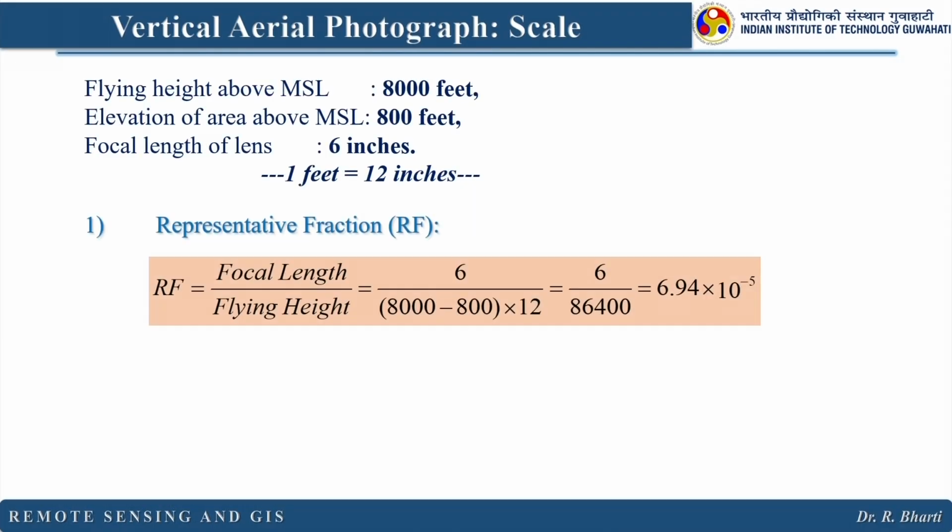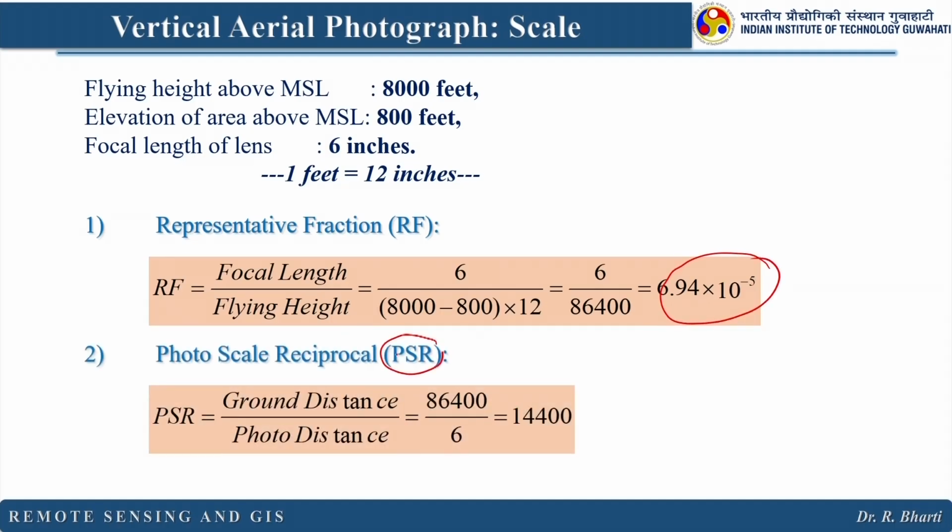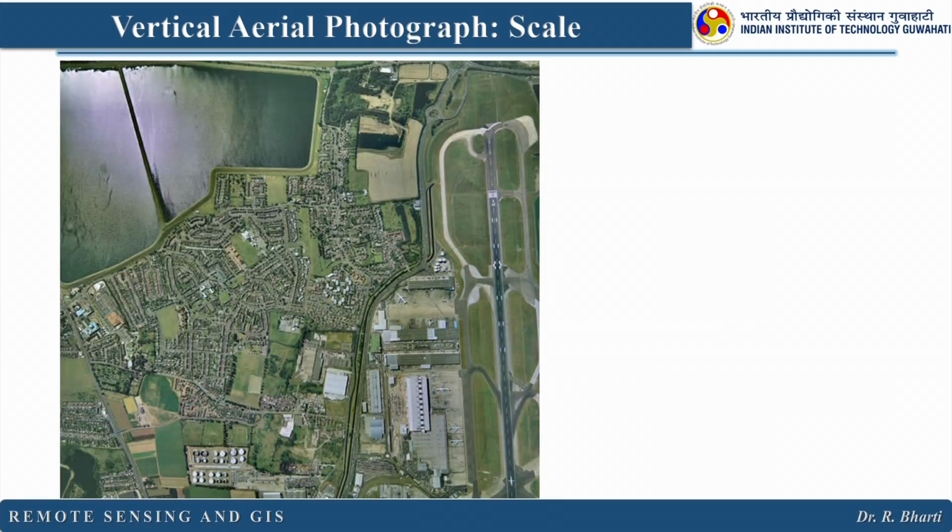So here you can calculate RF using this formula, this will be the value, and for PSR this will be the value, right. So you just calculate and check your answers.